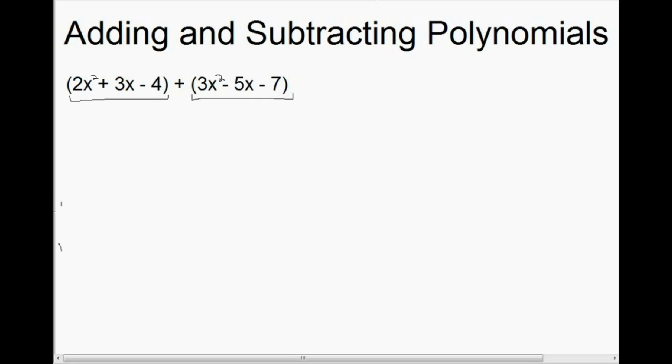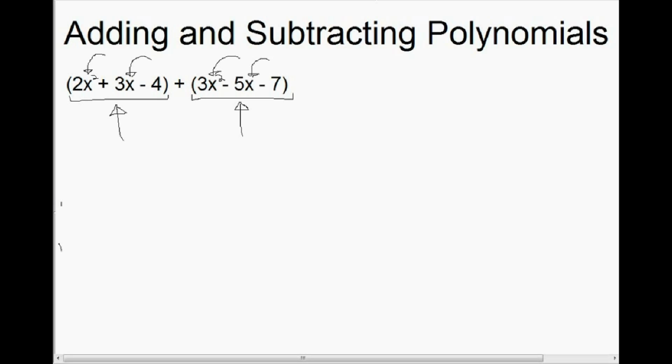Normally if we were going to follow order of operations here, we would start with what's inside of the brackets. And if you look at what we have inside of each of those brackets, we don't have any like terms. We have an x term here, but it's x squared, and x squared is different from x. So those are not like terms, and similarly these two terms here, 3x squared minus 5x, are not like terms because the variables are not exactly the same.